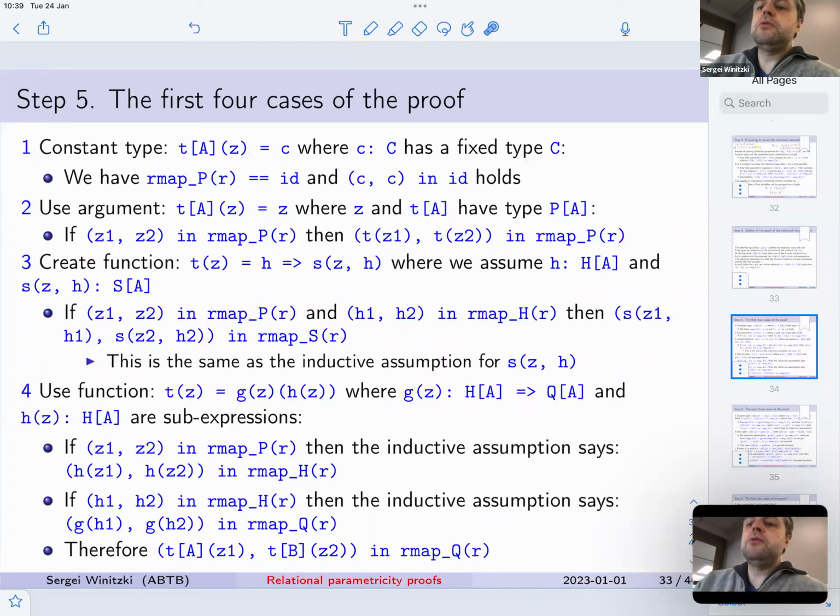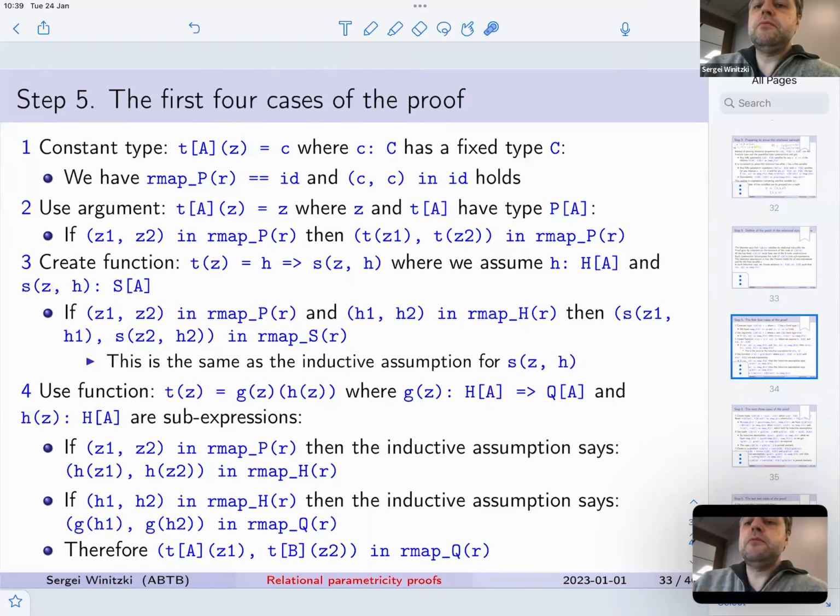The third case is when we create a function. So how do you do that? Well, you write an expression, a code, which looks like this, going from a new variable h to some code, which is the body of this new function, which will be an expression depending on z and h. Now, these are two free variables, right? So now h could be of a different type.